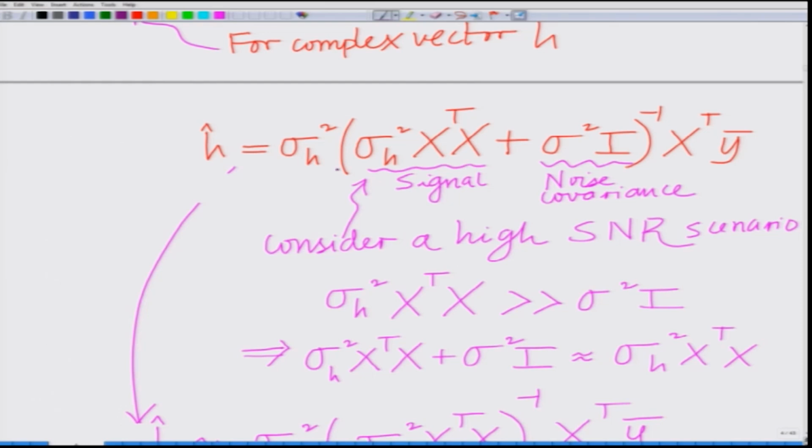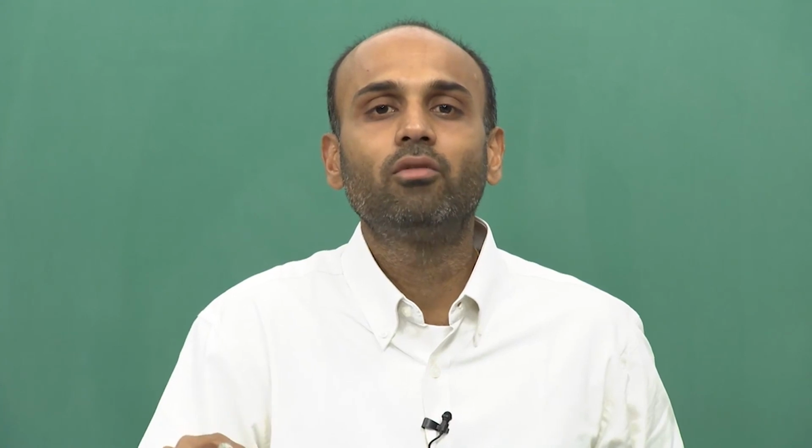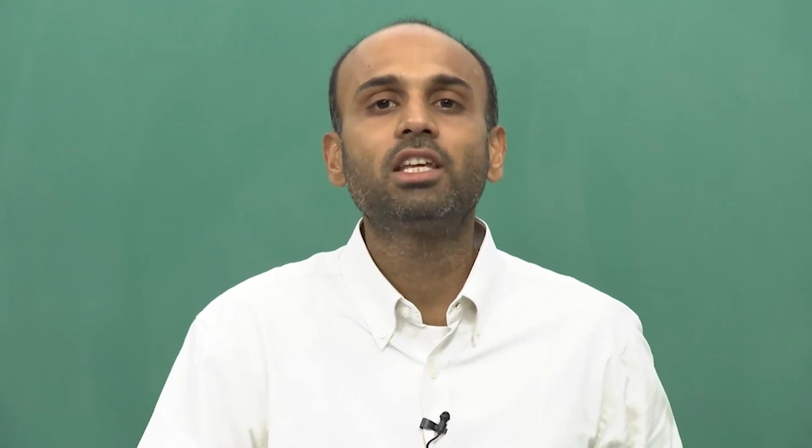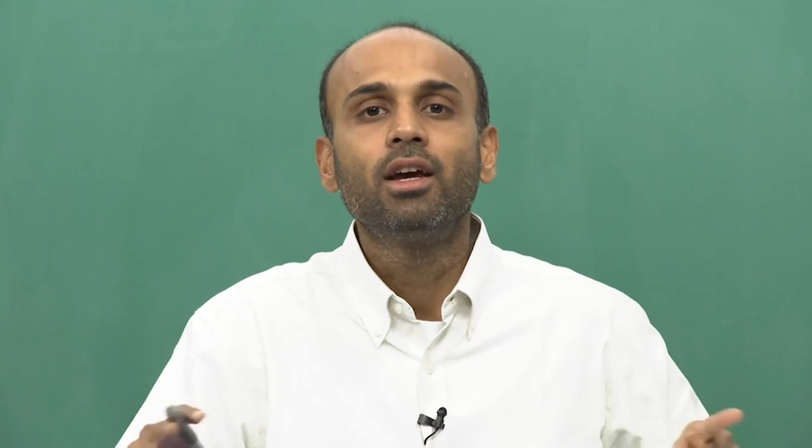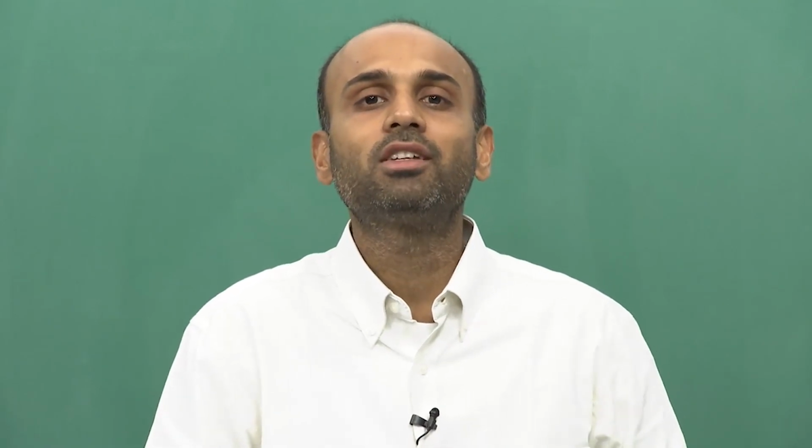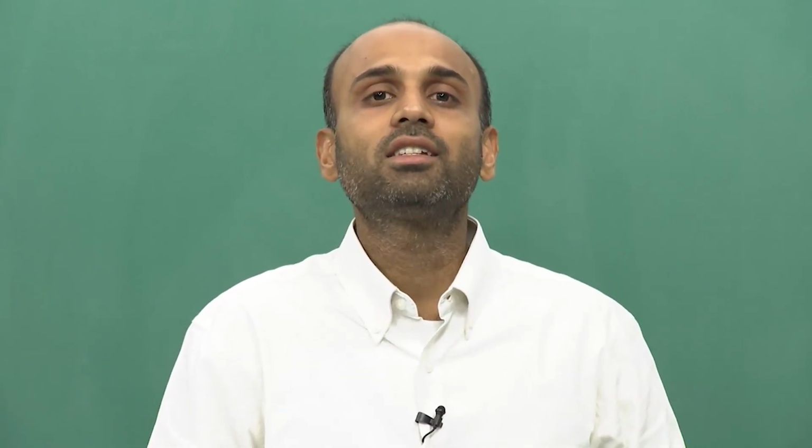So, this is also known as a regularized inverse, and the sigma square identity is known as a regularization term. What it says is, if x transpose x is not invertible, that is, you cannot compute the least squares estimate, what we can do is add a simple sigma square times identity term to that and compute the inverse of this. So, the inverse becomes stable. This is known as the regularized inverse.